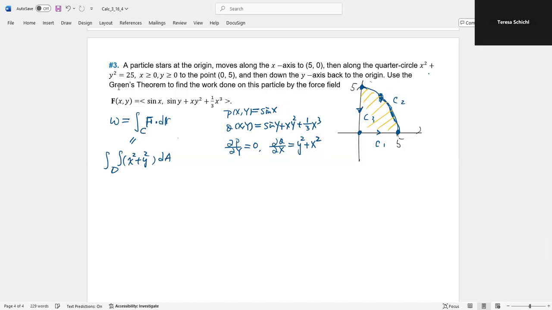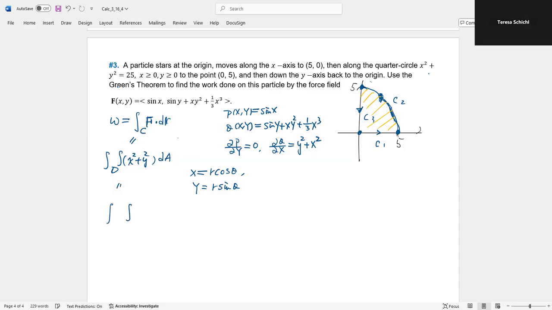Now let's take a look at how we do this integral. I can use the polar system: x equals r cos theta and y equals r sin theta.